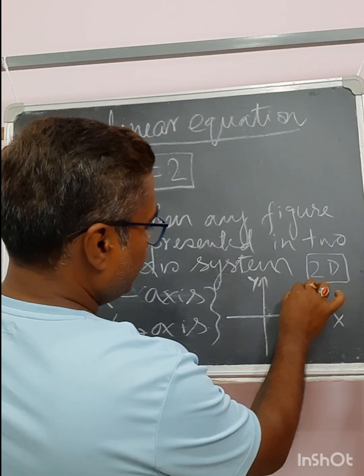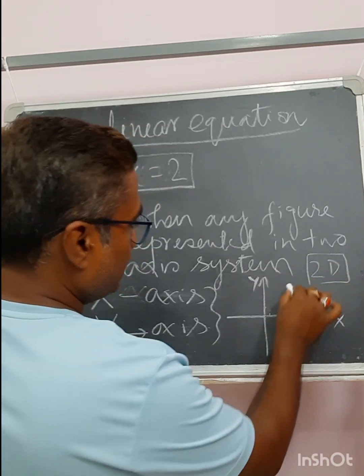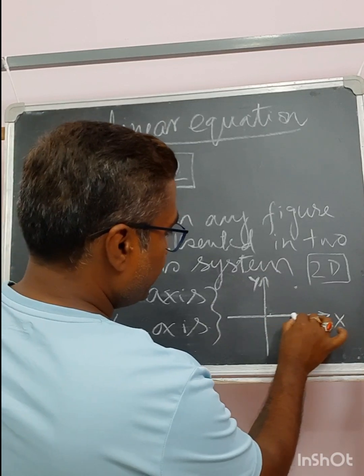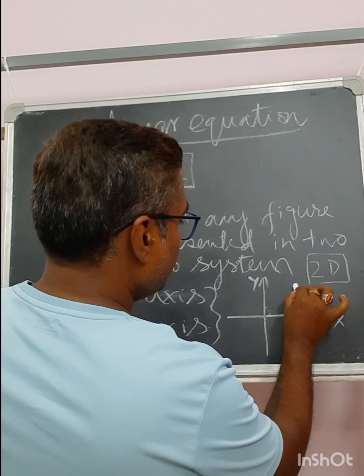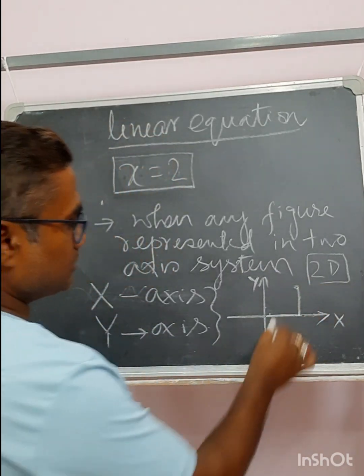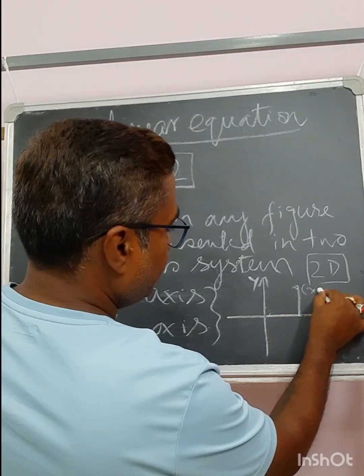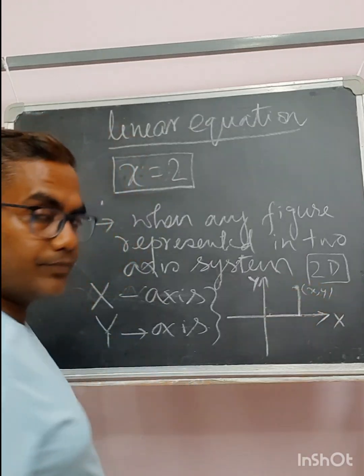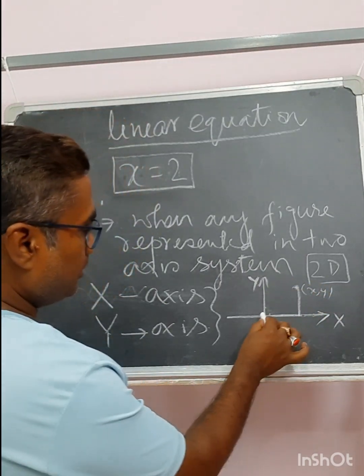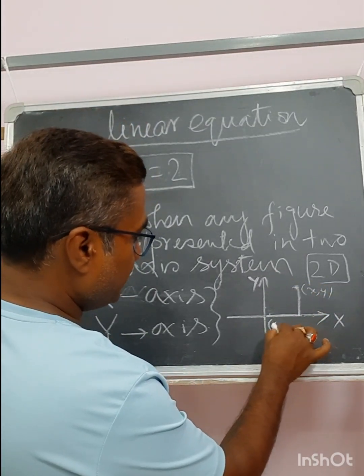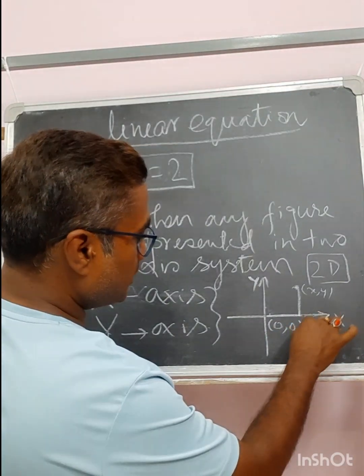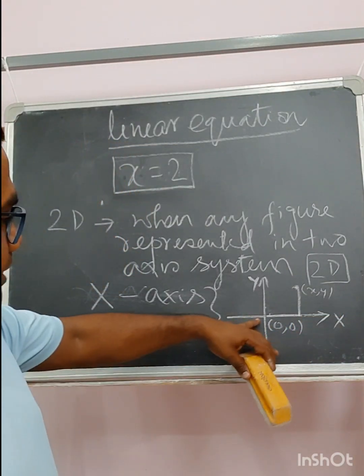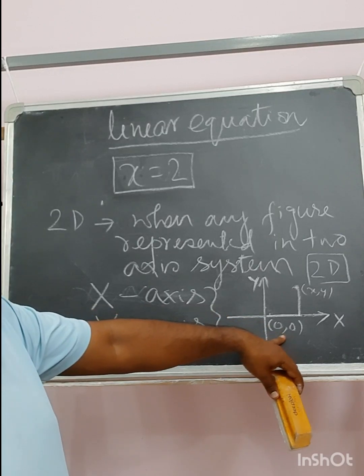That means if I take any point here, there has to be one x component and one y component to reach this point. That's why it has only x and y coordinates by which I can represent this point. The point where they meet each other is the 0, 0 point, where the x value would be 0 and the y value would be 0.